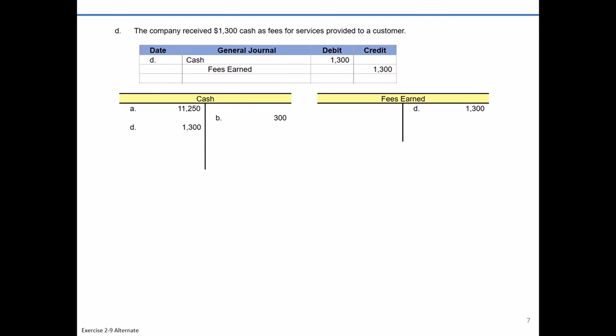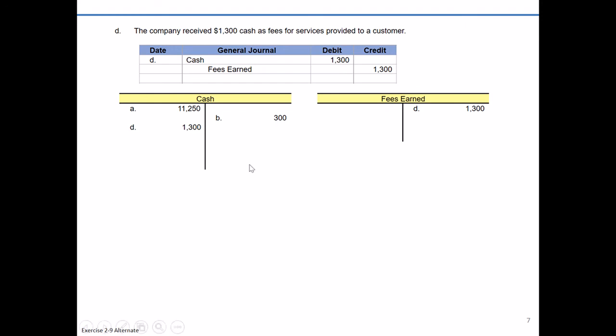What account do you think that I should credit? Instead of fees earned, it would be something like unearned fees. Remember, unearned fees would be a type of liability account. That would be an IOU to say, hey, you've already provided me the cash, but I need to provide those services in the future. Being that it's a liability account, we would still credit it for the $1,300.